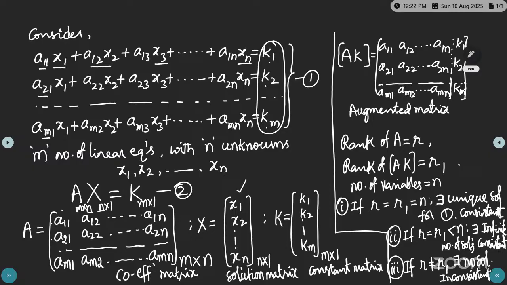When will you be consistent in life? After finishing your graduation, when you get a job. Why are you smiling? Don't think about other things other than the job. First you get the job, then think about the other one. You will be more consistent if you have at least one job. People are doing more businesses.